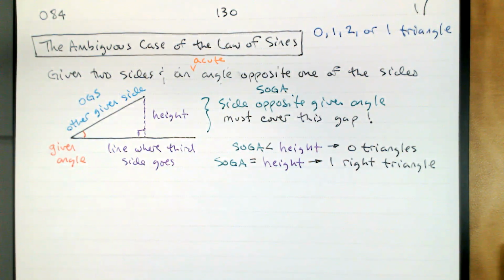If the side opposite the given angle is greater than the height, but less than the other given side, then we end up with 2 triangles.